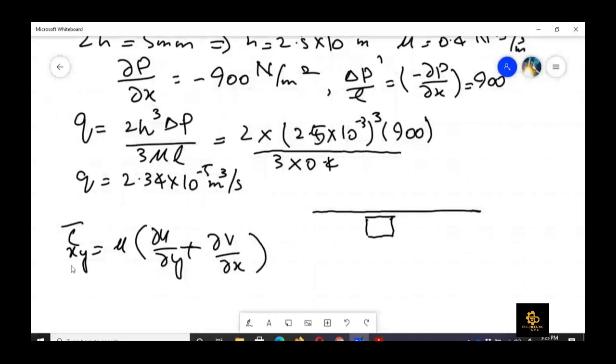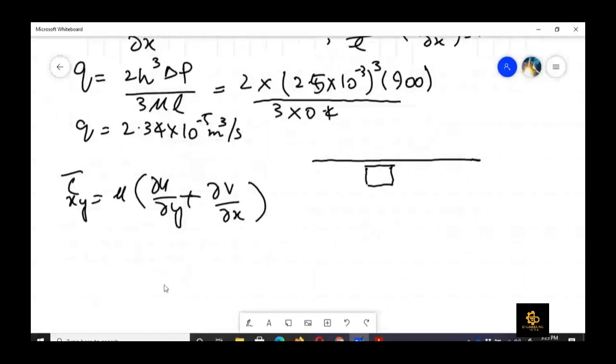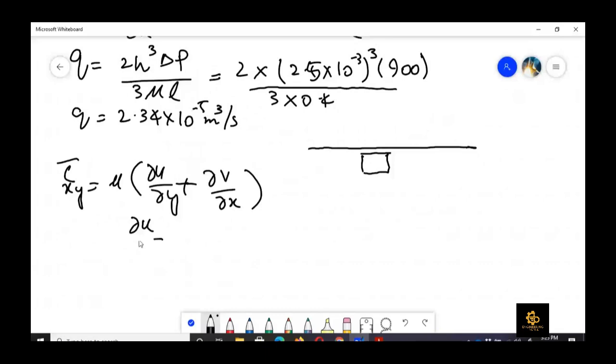So we have got partial u by partial y equal to minus delta p upon mu L into y, which is due to the differentiation with respect to y.